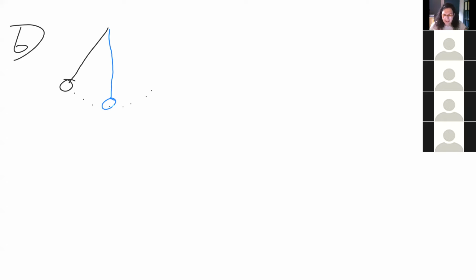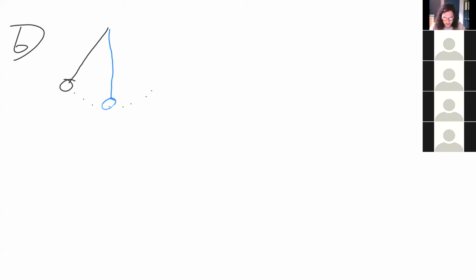Its height is converted into speed, converting gravitational potential energy to kinetic energy down at the bottom. And so there are all sorts of questions that relate to these two.